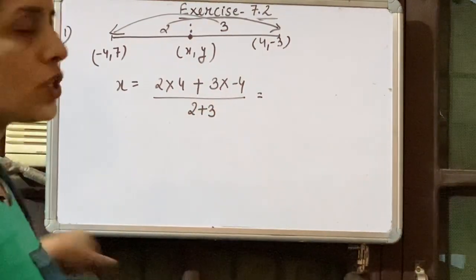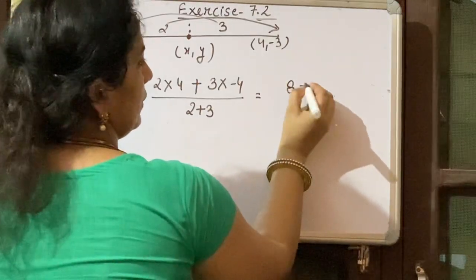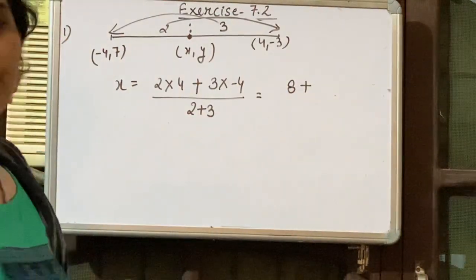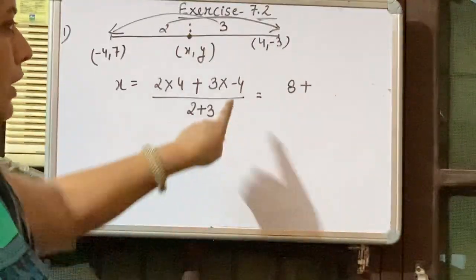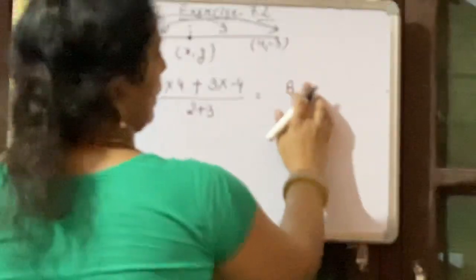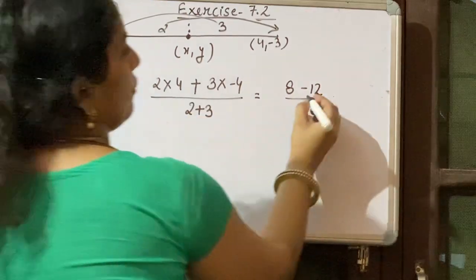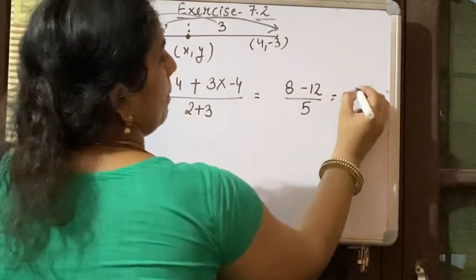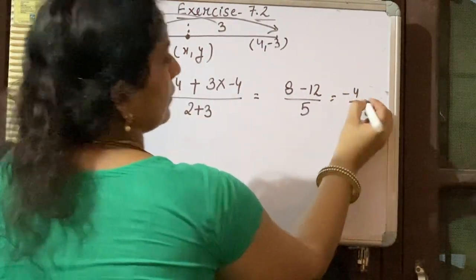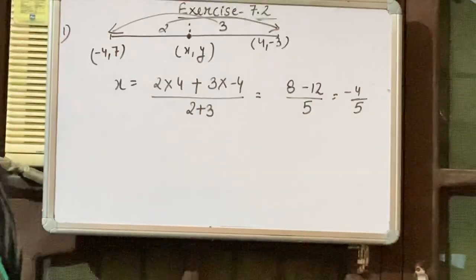After this our solution will be 2 multiply by 4, that is 8, plus 4 multiply by 3, that is 12, but negative, so it will be minus 12, divided by 5. Minus 4 by 5. This is the value of x.